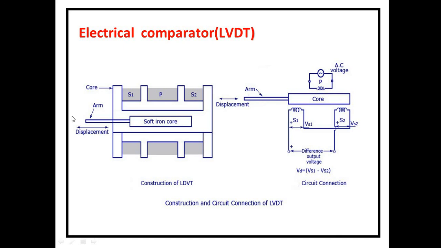Now when AC current is supplied to the primary winding, the magnetic flux generated by the coil is distributed by the armature to the 2 secondary coils, S1 and S2.